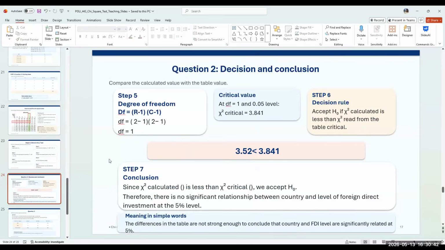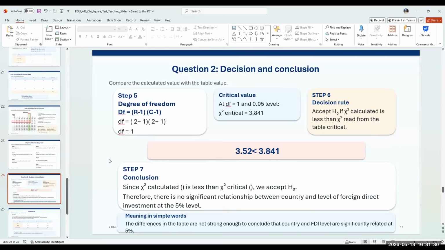Do you see it now? Yes, please, Eddie. If the F calculated is greater than the one we read on the table, then it means we are going to reject the HO and accept HA.